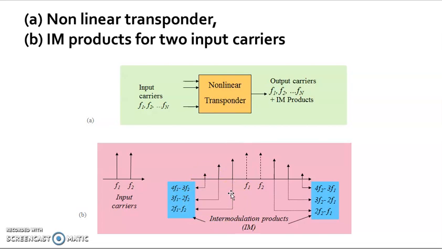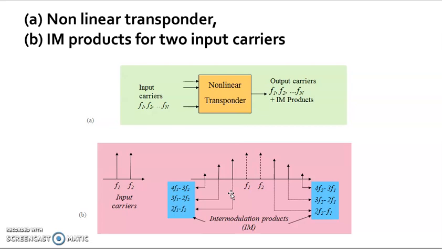Now the IM products that fall within the given signal band act as an interference. Within a given particular bandwidth, it acts as interference and creates noise, which means the performance of our communication channel degrades.